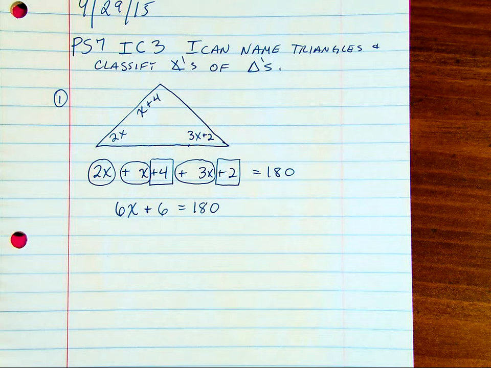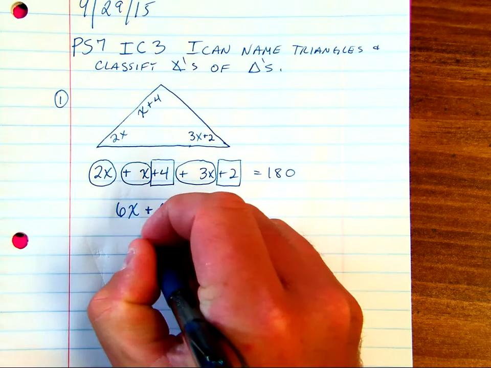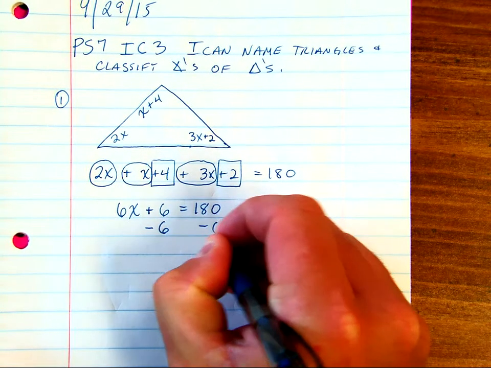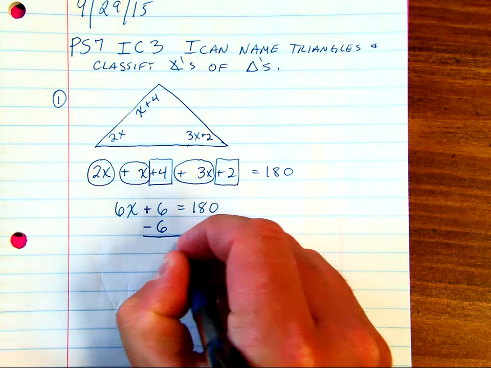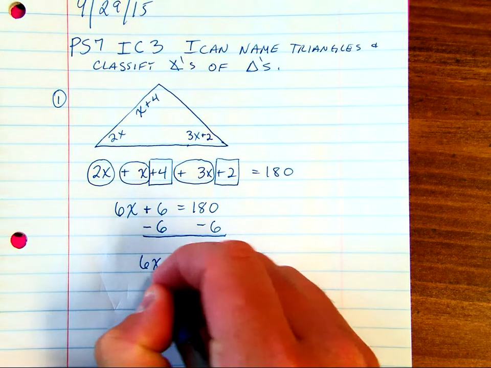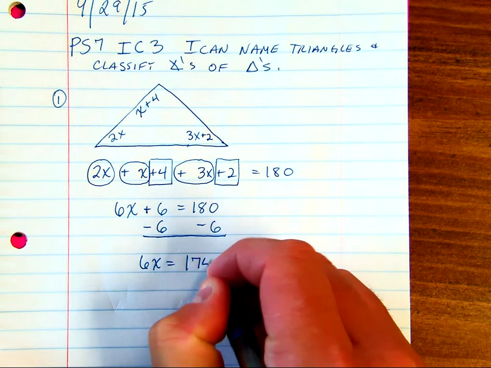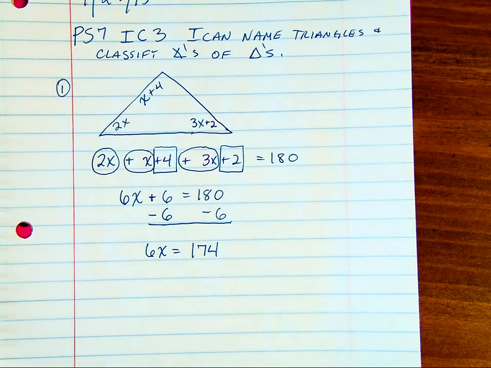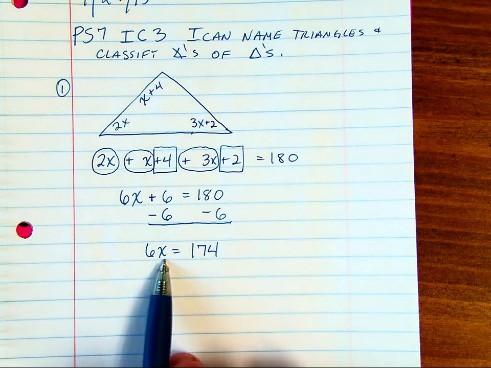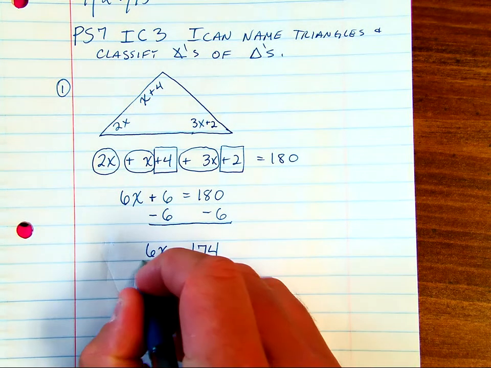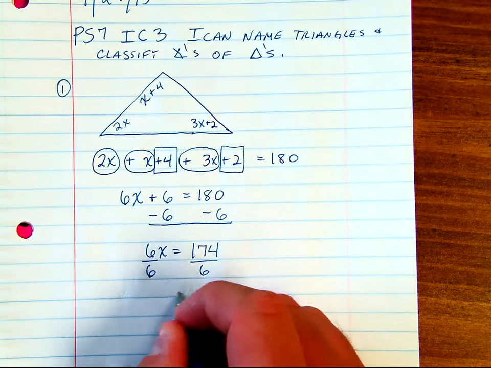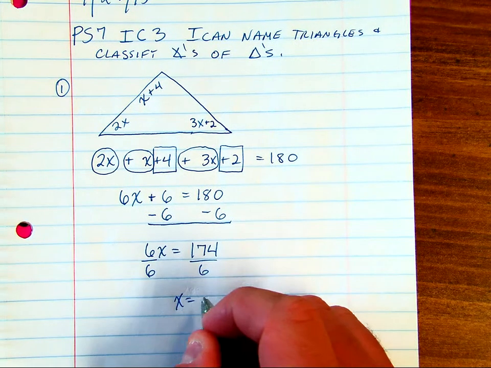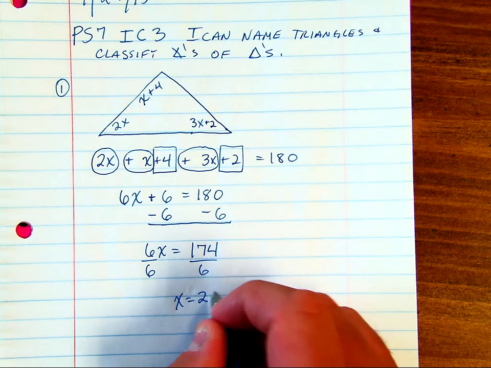And now what do we do from here? Christian. Inverse. 180 minus 6. Very good. And then, because this is a multiplication problem, the inverse of that is division. So we divide by 6, and we get x equals 29.